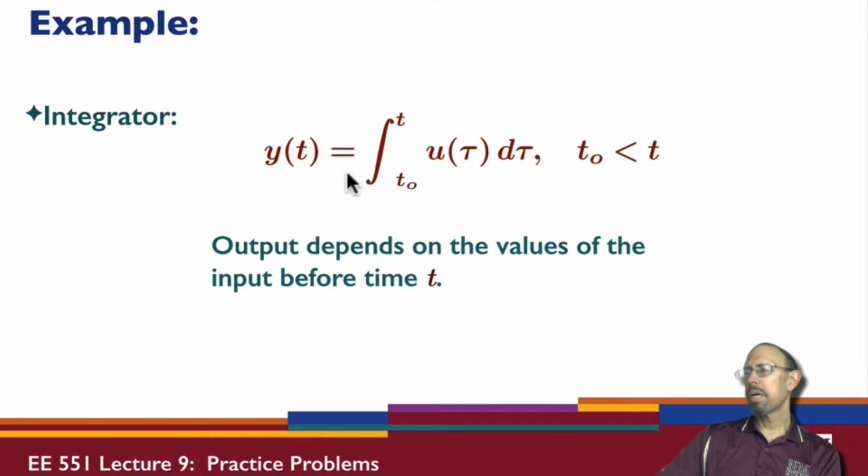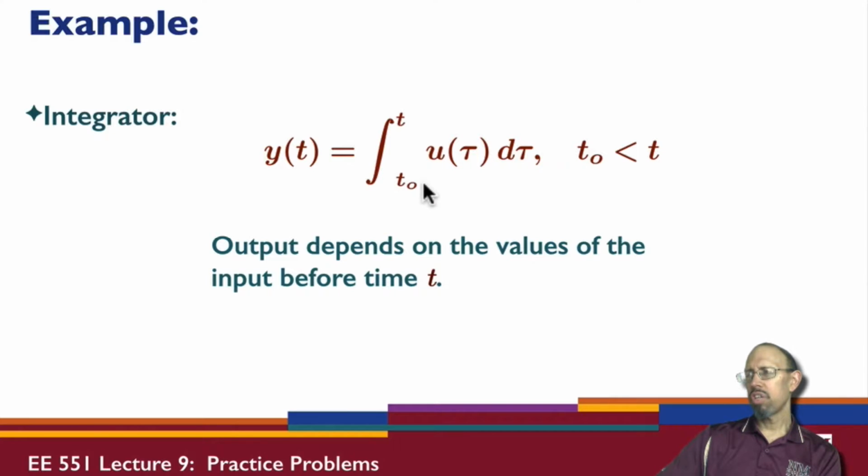Okay, what about the integrator? Is the integrator memory or memoryless? y is given by the integral from t0 to t of u of tau d tau, where U is the input function. We can see that the output y at time t depends on the value of the input before time t.